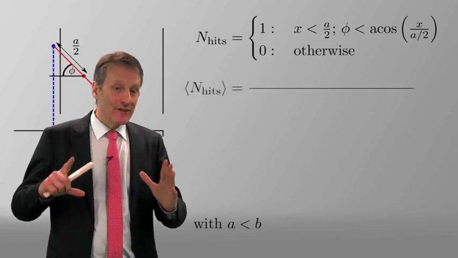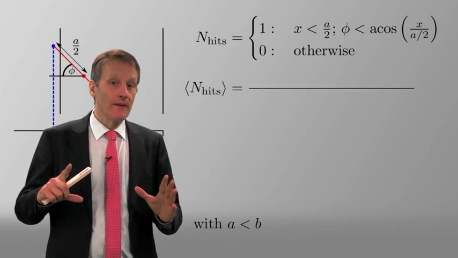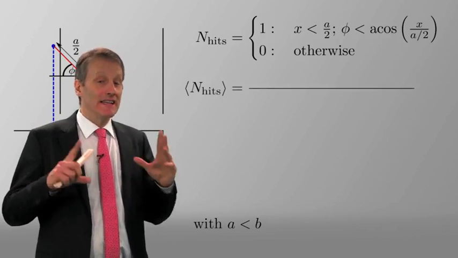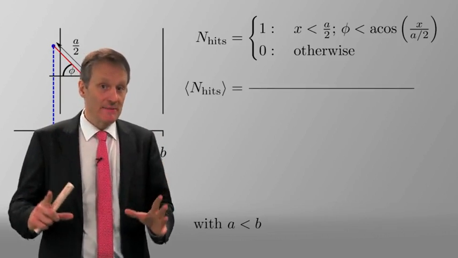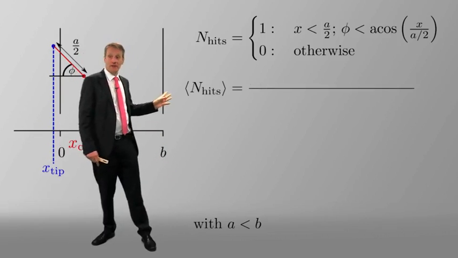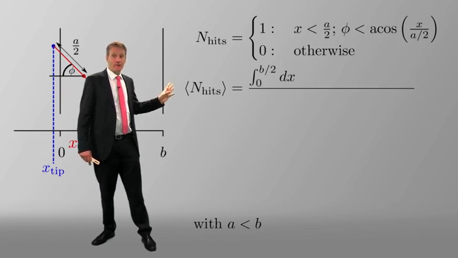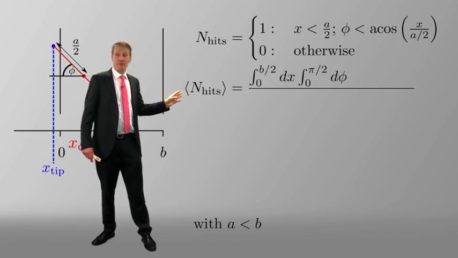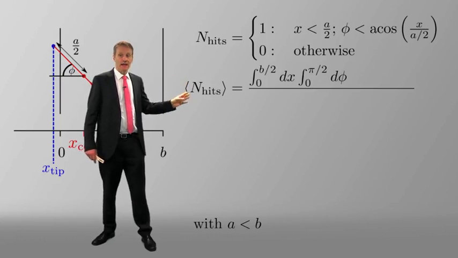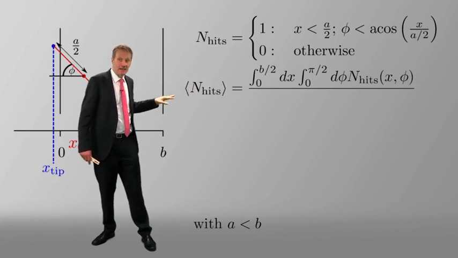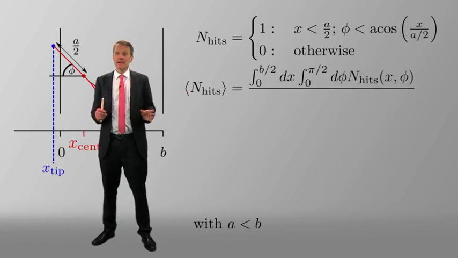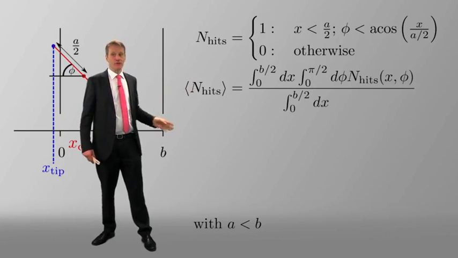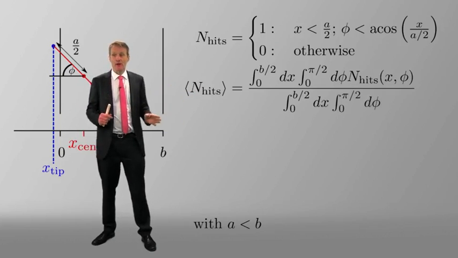And the average that we want to compute is given by the integral, as we had many times in this course, the integral over x from 0 to b over 2, the integral over phi from 0 to pi over 2 times n hits of x and phi, divided by the normalizing integral dx from 0 to b over 2, d phi from 0 to pi over 2.